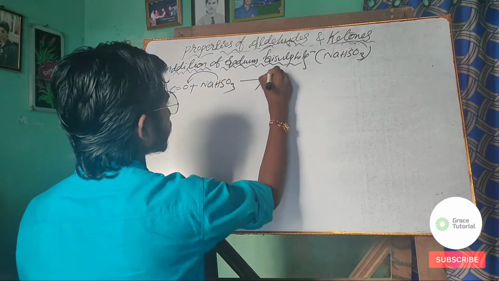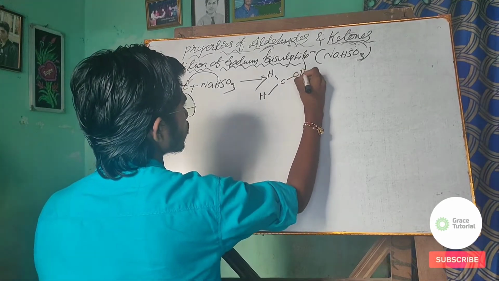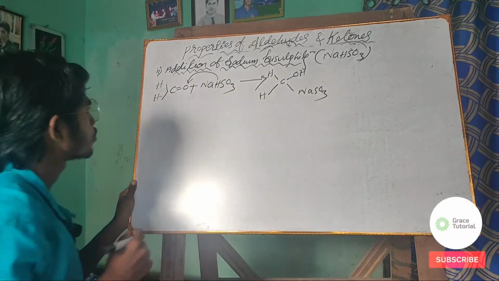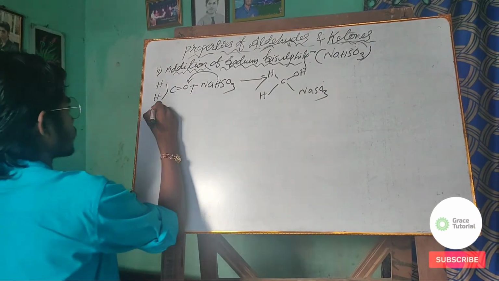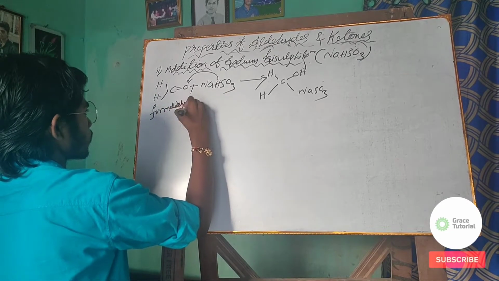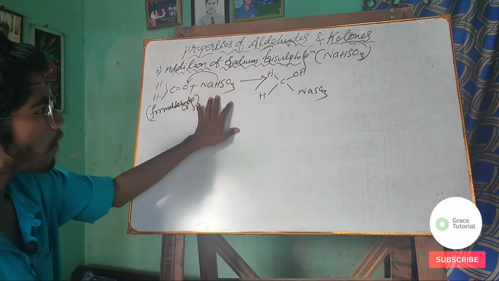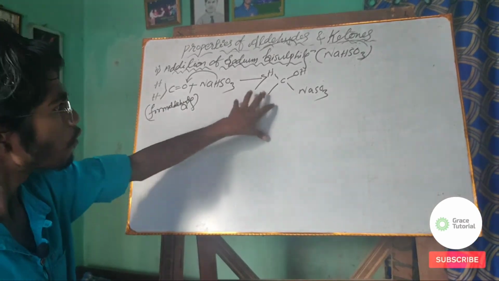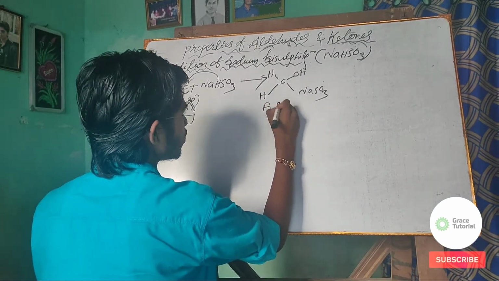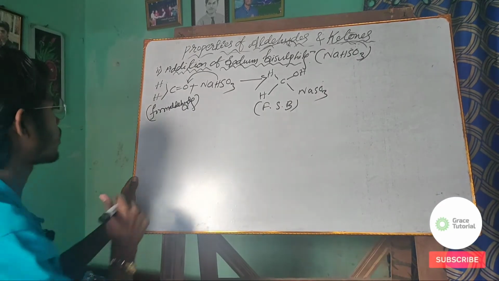That means it gives OH, then NaSO3. Finally the product arises: formaldehyde sodium bisulfite. This is the first one.